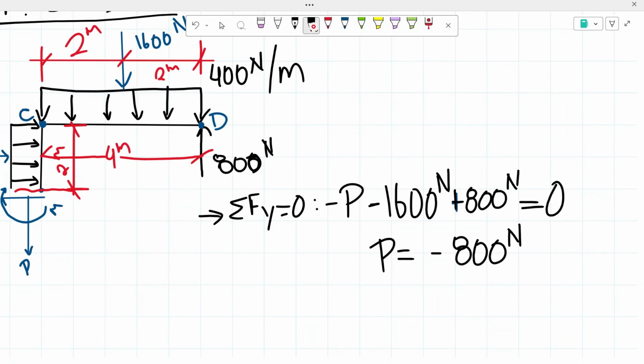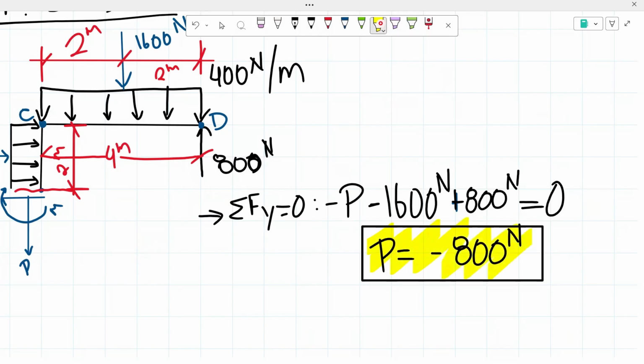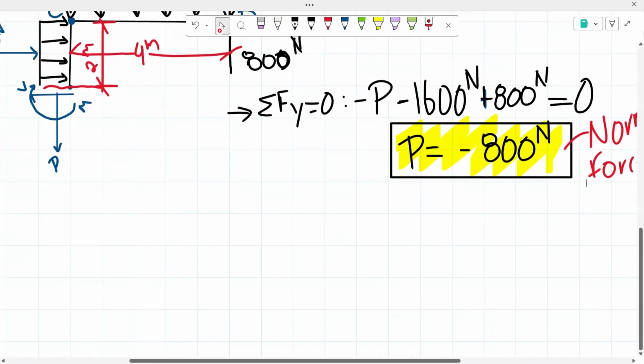Let me just double check. Yes, our normal force has a value of negative 800 newtons. You could also write this as N instead of P if that is easier for you guys.